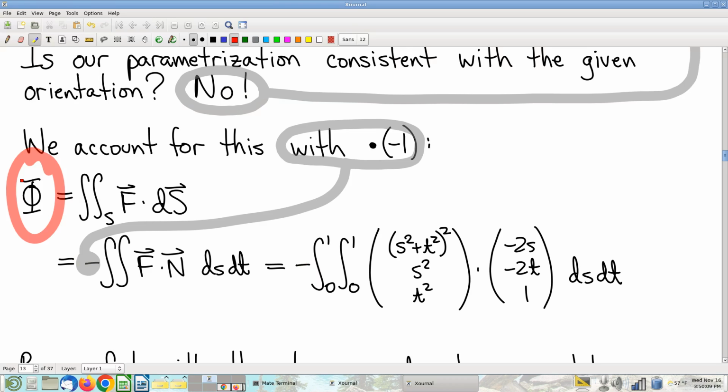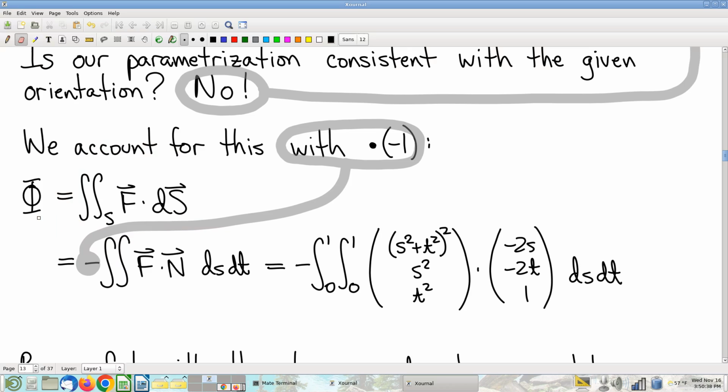You have not been asked to compute negative flux. So you have to compute what they've actually asked you to compute. And flux is computed with this formula: the vector field dotted with dS, where, by definition, dS points in the direction of the correct orientation unit normal vector. So this is always correct.